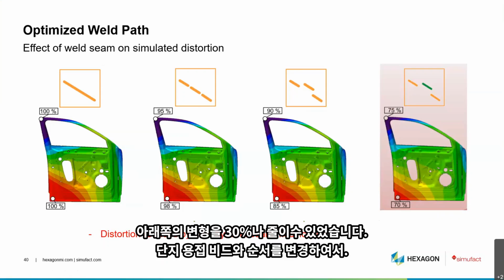So now they managed to get down by 30% distortion here in the bottom, just by modifying the weld seam and modifying the sequence.